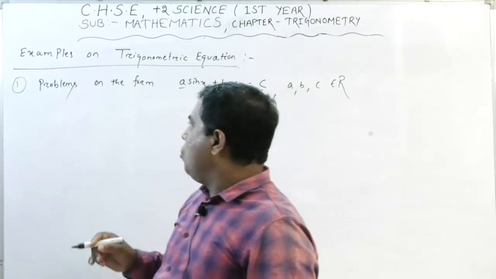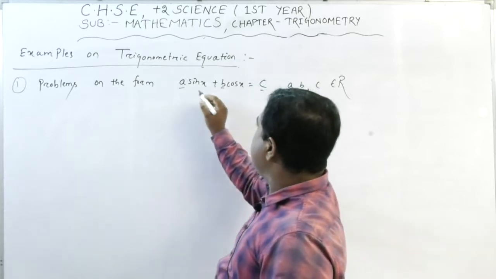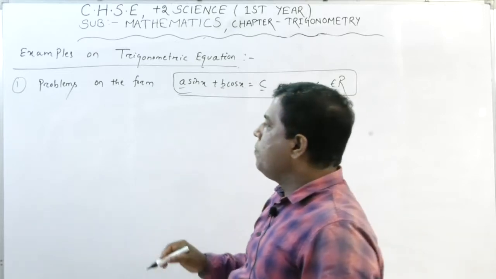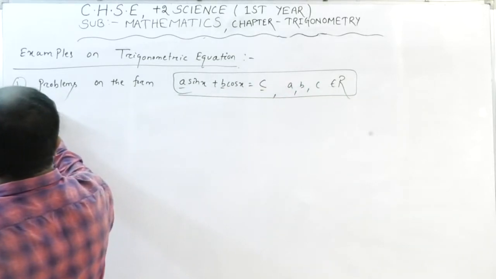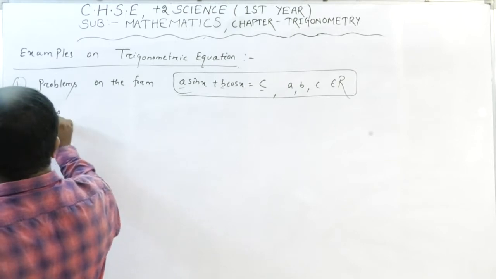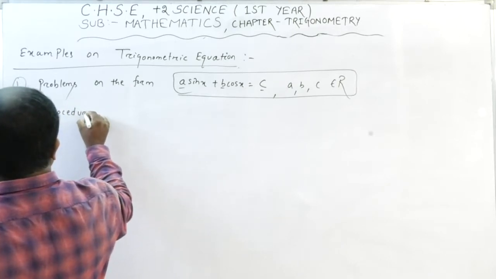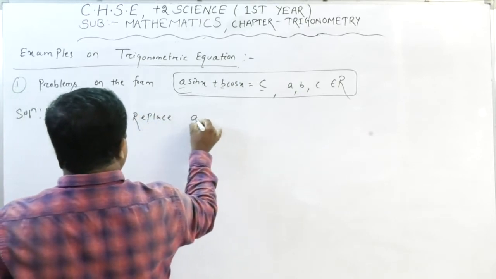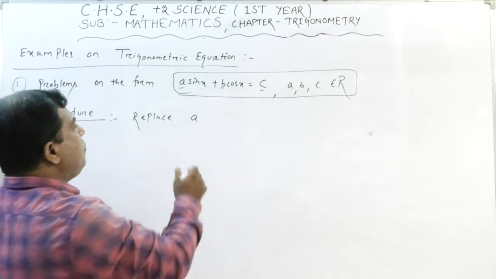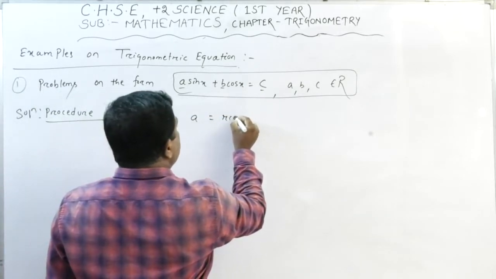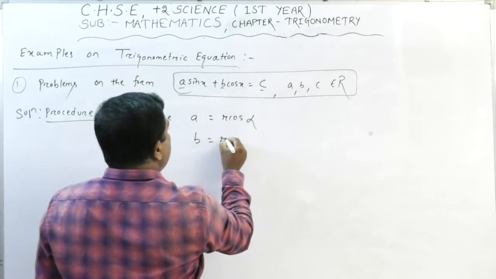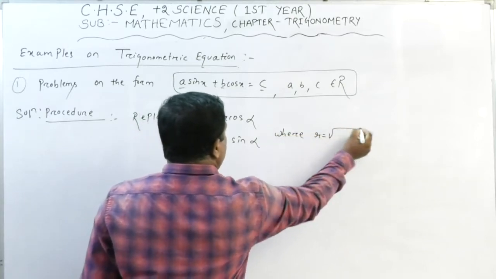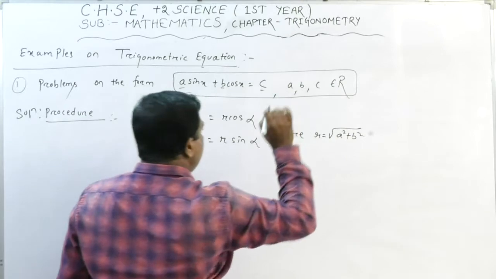Okay, dear students. If this type of problems are there, then what we have to do? The solution procedure is: replace a as r cos alpha and b as r sin alpha, where r equals root under a square plus b square.